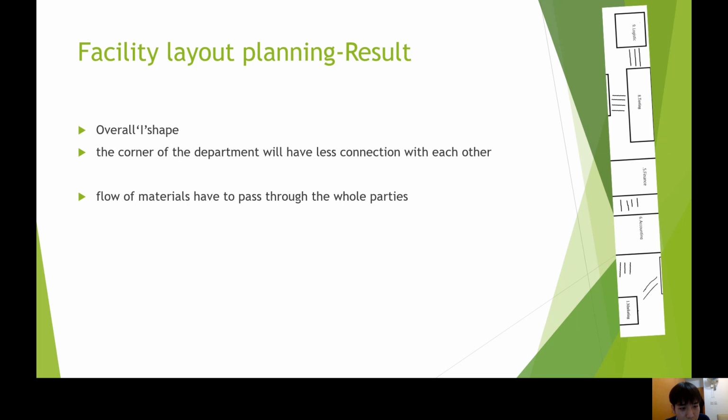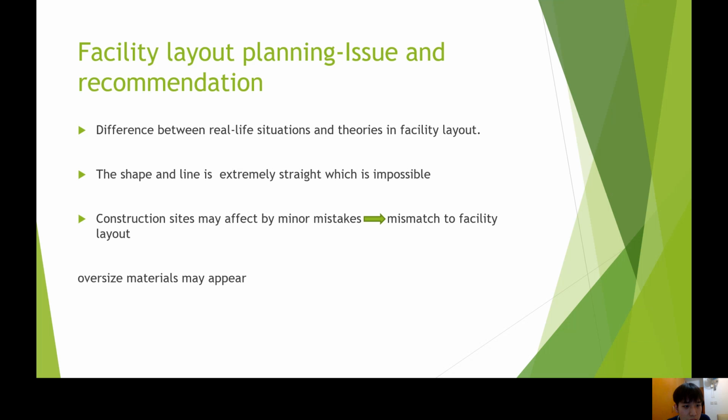Also, the overall department layout is like an I shape, the English letter I. Also, the corners of the departments will result in less connection with each other because of this I shape, and finally material is restricted from passing through the whole pathway.